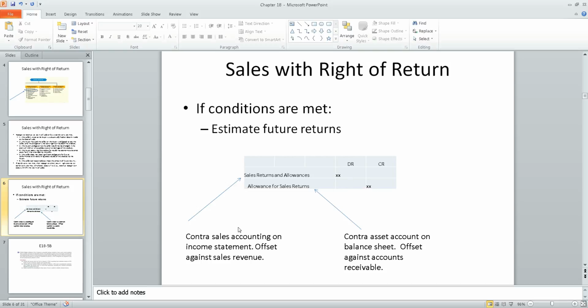This contra sales account, sales return and allowances, is offset. It's got a debit balance. It's offset against sales revenue on the income statement, so it serves to reduce the amount of sales revenue reported on the income statement. This contra asset account, allowance for sales returns and allowances, is an offset against accounts receivable, so it serves to reduce the balance of accounts receivable on the balance sheet.